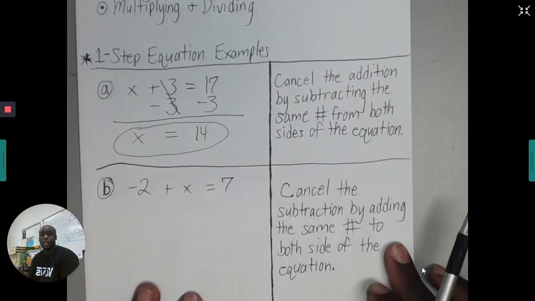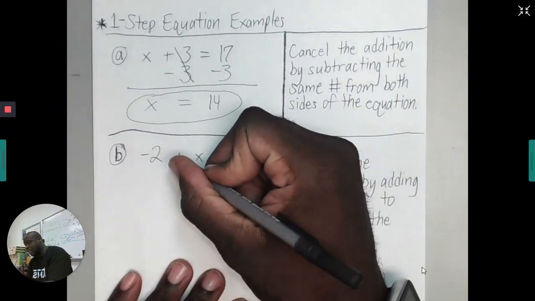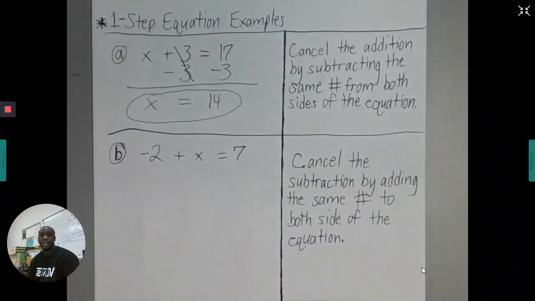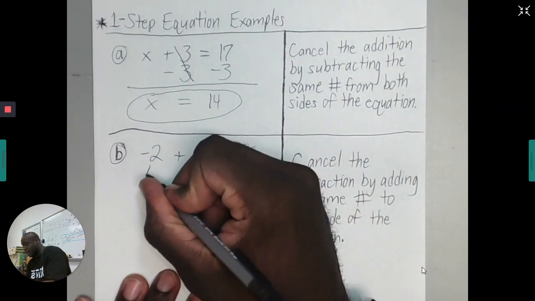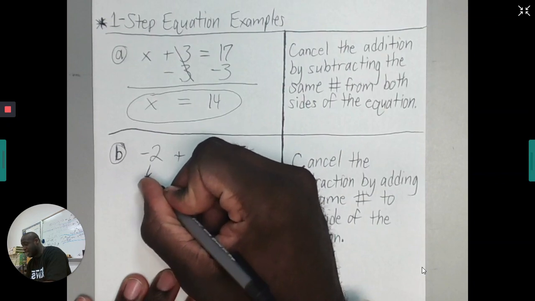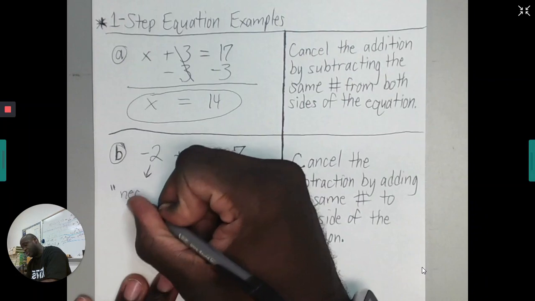Alright, so next, let's say we've got the equation negative 2 plus x equals 7. Some of you may already know that when you see something like this, that this is a negative 2.